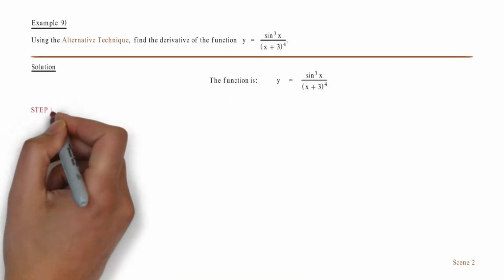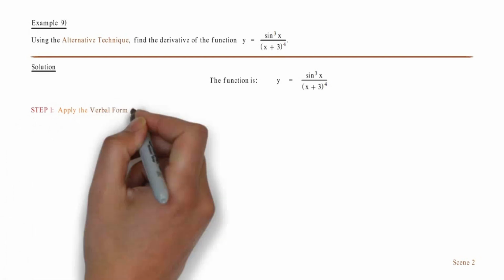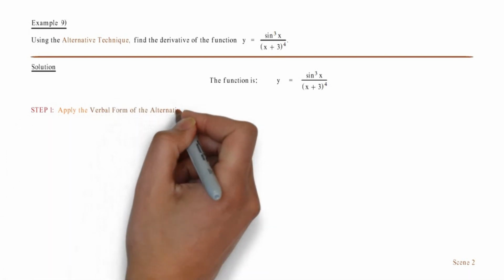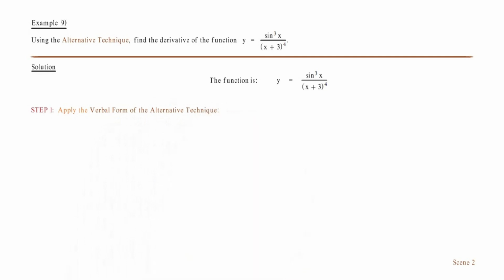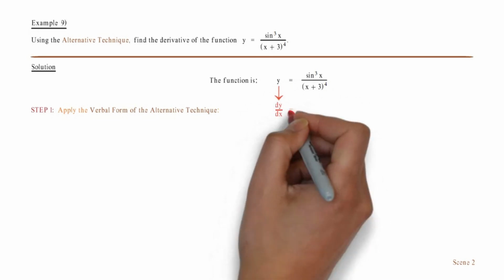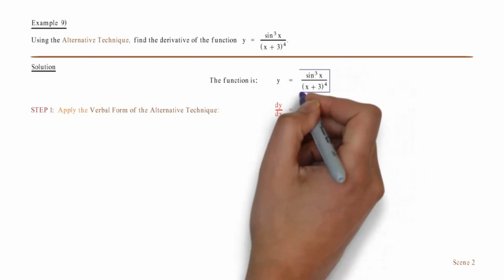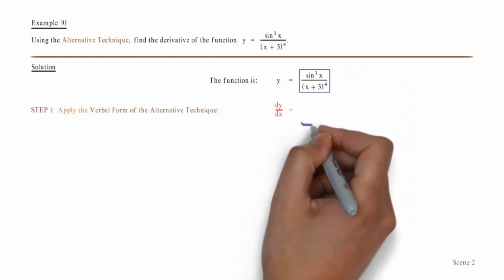Step 1. Apply the verbal form of the alternative technique. The derivative of y is dy by dx equals. The right-hand side of y is this expression, so substitute.